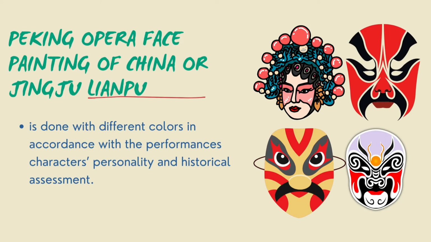So we have Peking opera face painting of China, or Jingju Lianpu. It is done with different colors in accordance with the character's personality and historical assessment. As you can see there, the hero type characters are normally painted in relatively simple colors, whereas enemies, bandits, rebels, and others have more complicated designs on their faces.